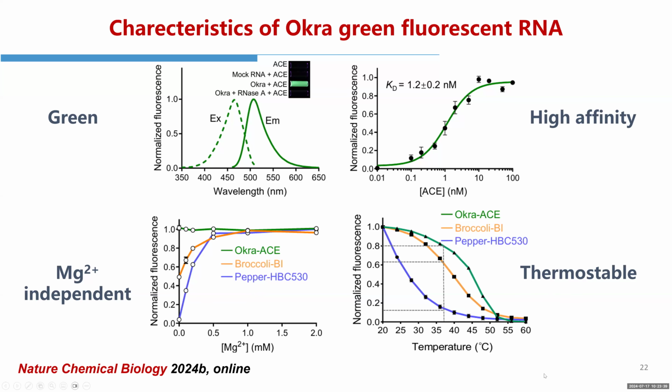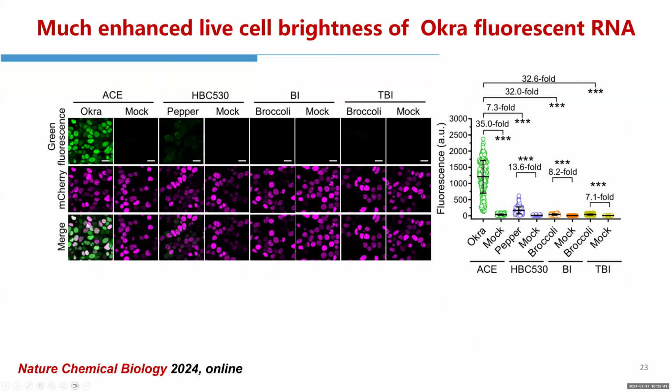Okra is more thermostable than broccoli and pepper, and it is also magnesium independent, unlike broccoli or pepper. When expressed in live cells, it exhibits 10-fold or up to 30-fold higher fluorescence than the other two fluorescent RNAs.